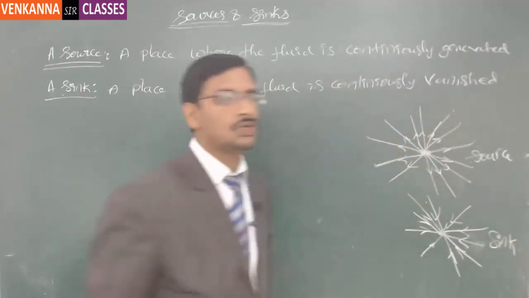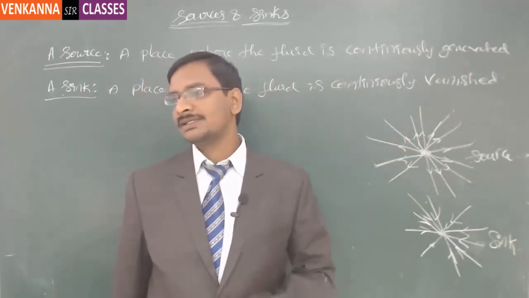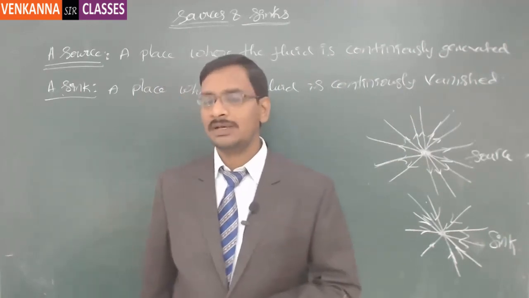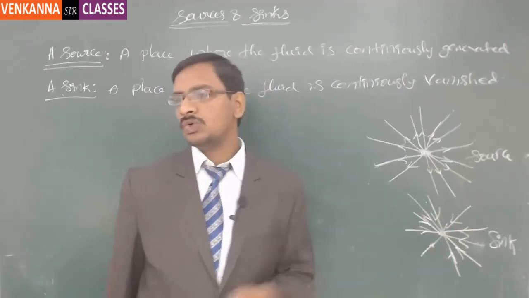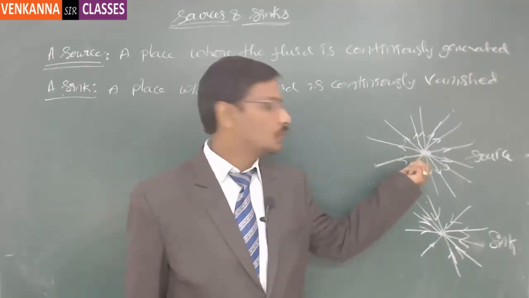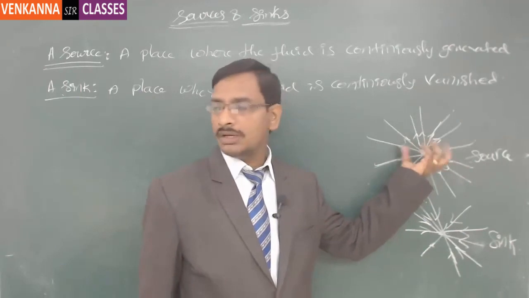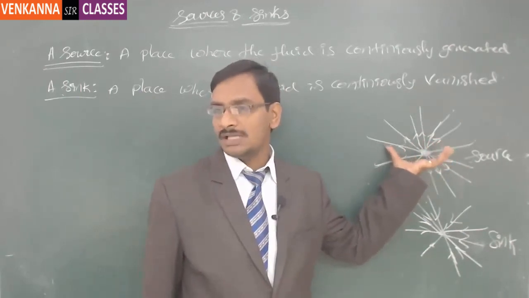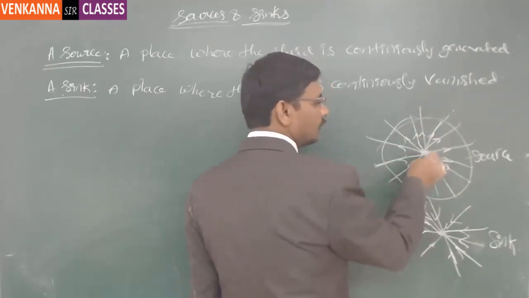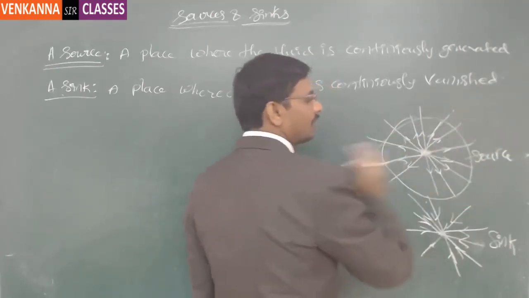Right? Usually three-dimensional sinks and sources, and two-dimensional sinks and sources will be there. But in our syllabus we have only two-dimensional. So the water is continuously produced and then distributed in a plane, as if on a circle. If you draw a circle like this, the water getting produced here is traveling in a planar direction in all the ways.